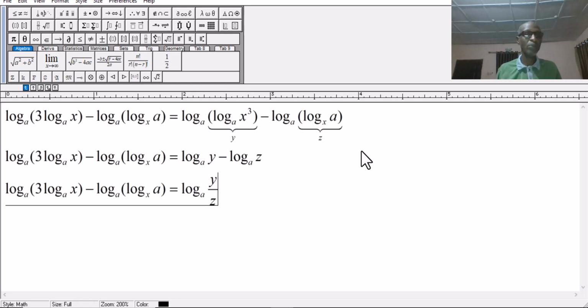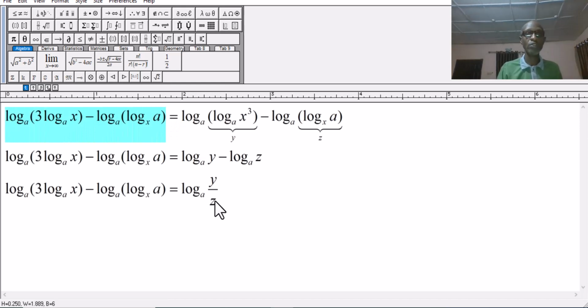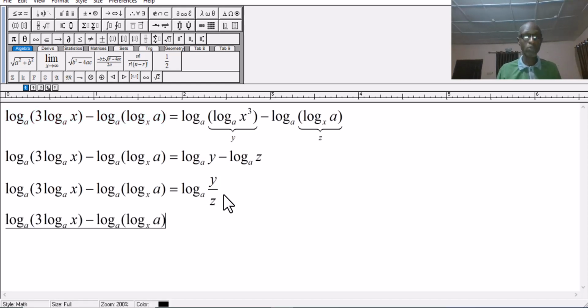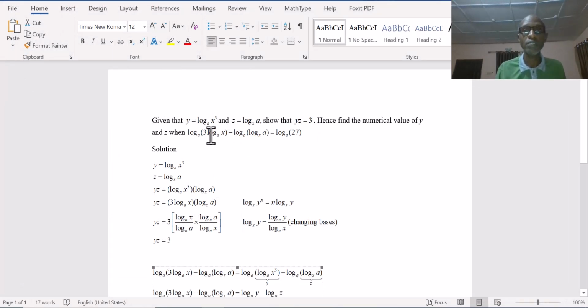Now we have been given that everything in this question is given as log a 27. So if you look at it, everything here is equal to log 27 to base a.